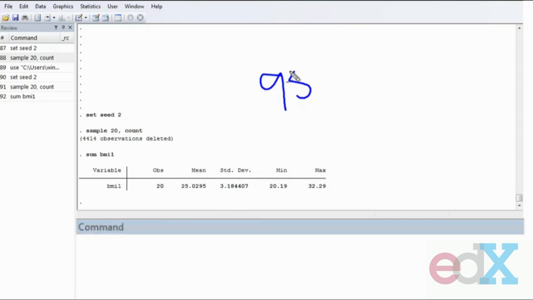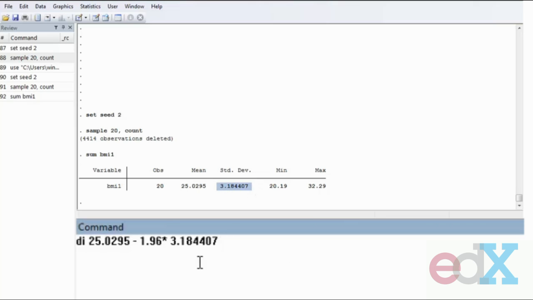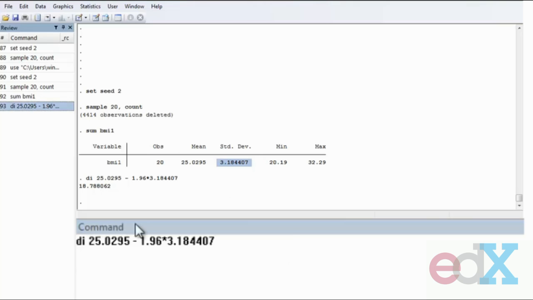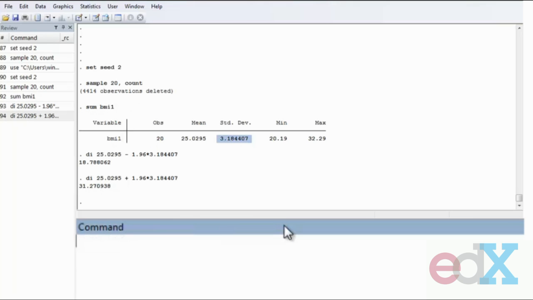Now let's construct a 95% confidence interval if sigma was known. We saw how to do this in the previous tutorial. And I use the exact same formula. Just do x bar minus 1.96 times my standard deviation to get the lower bound, and then plus to get my upper bound.